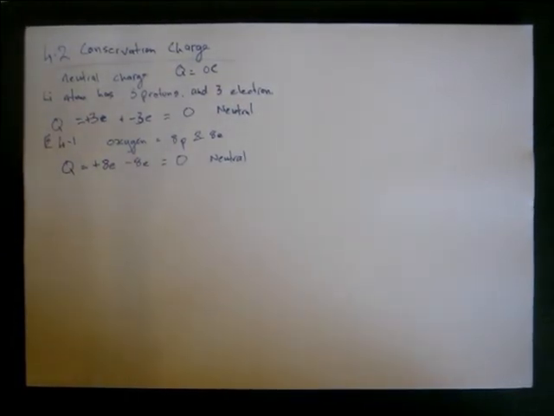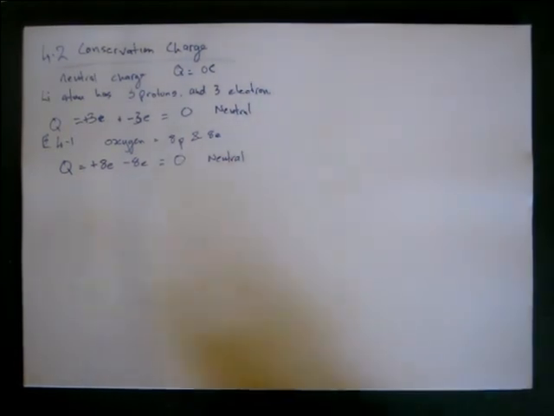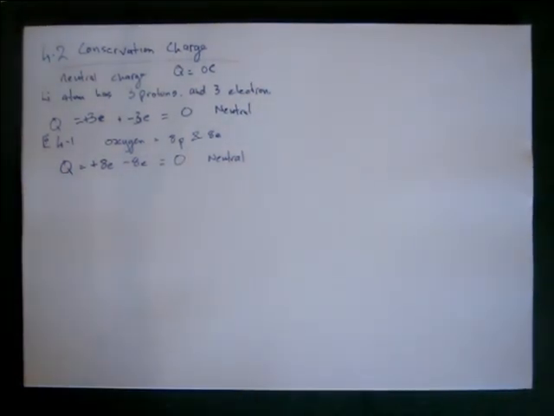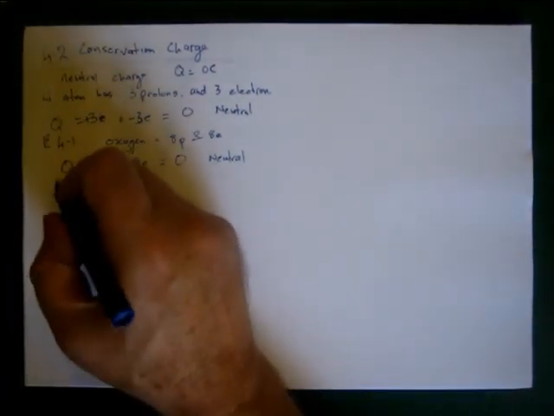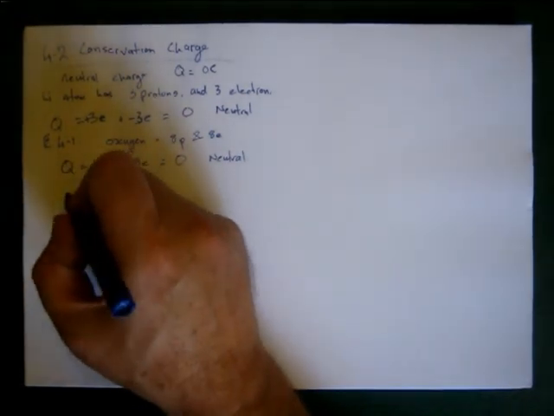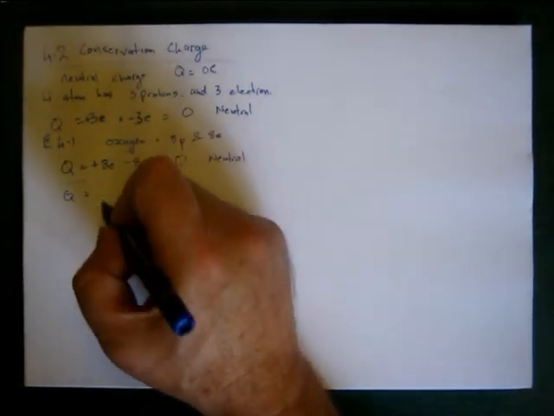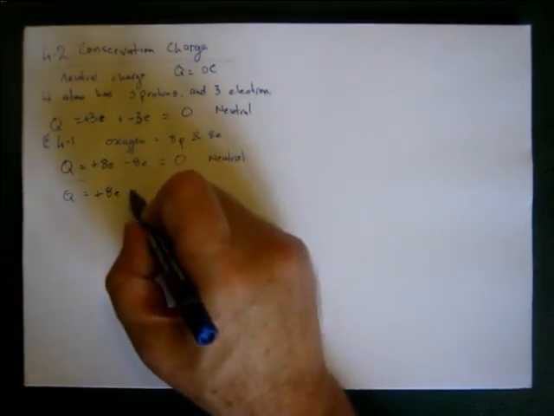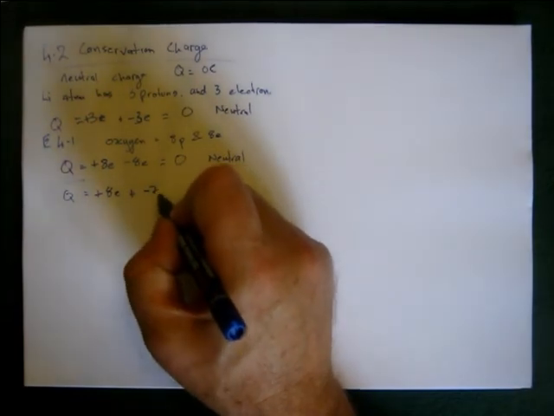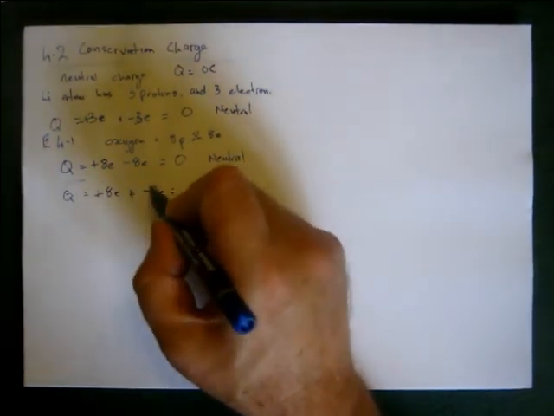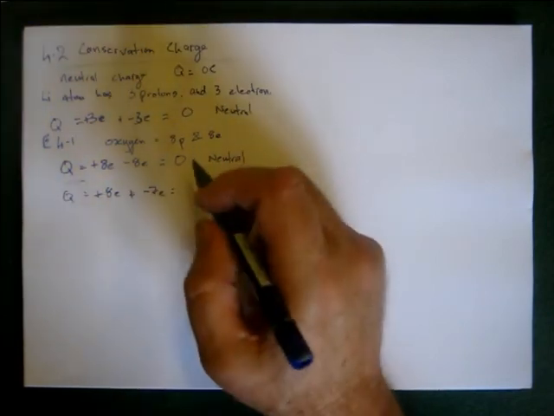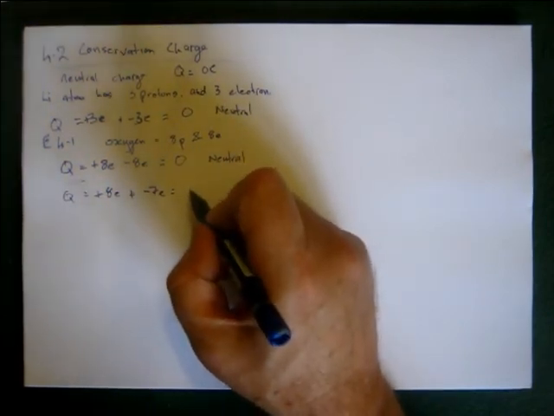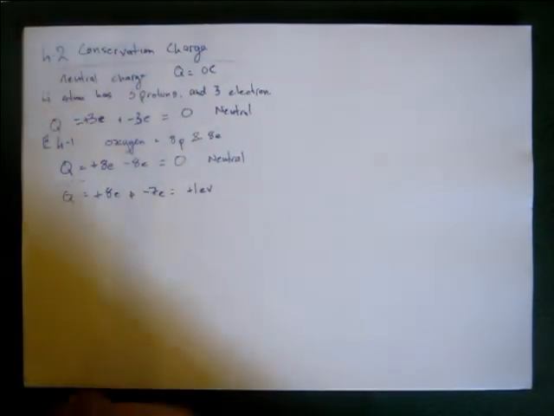So that's an atom, but say we ionize it. So what I do is I take out the electron, like I was saying in that bad joke. What happens now? Now what we have is Q is equal to plus 8 elementary charge plus negative 7 elementary charge, which is equal to plus 1 elementary charge.